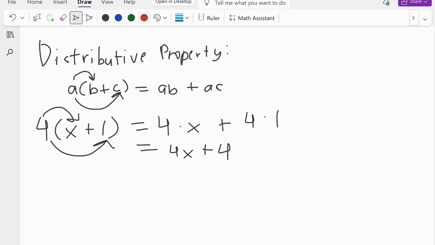Note that this is not equal to 4x plus 1. We are not just multiplying 4 by x in the front. We have to distribute the 4 so that it works. This is a common principle that we're going to be using in all of polynomial expansion, so make sure you understand this.